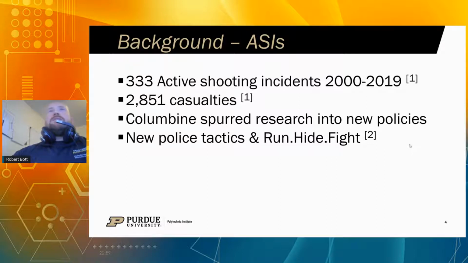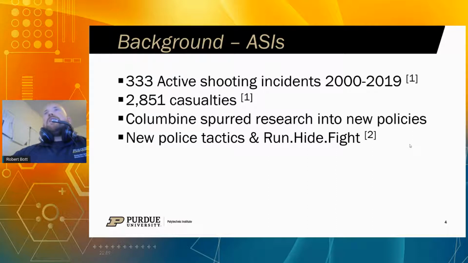What has happened since Columbine in the last 2 decades is we've created, not us at the PHSI, but as a country and as researchers and law enforcement, new policies and tactics and run, hide, fight policies and tactics for police. And run, hide, fight, for example, is one policy, one methodology for civilians. Just as the name suggests, you run, you hide, and you fight.